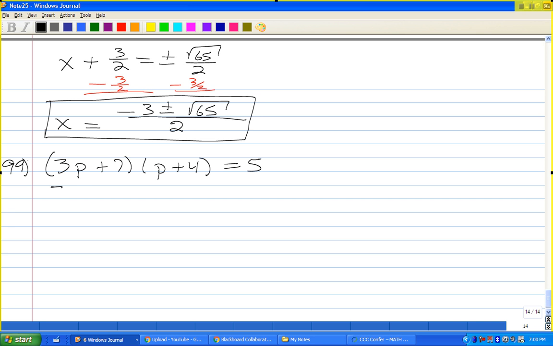So I get 3p squared plus 12p plus 7p is 19p plus 7 times 4, 28 is equal to 5. And so let me subtract 28 from both sides of my equation.